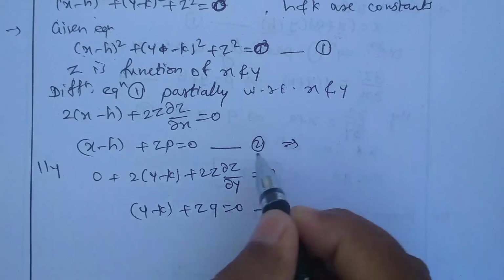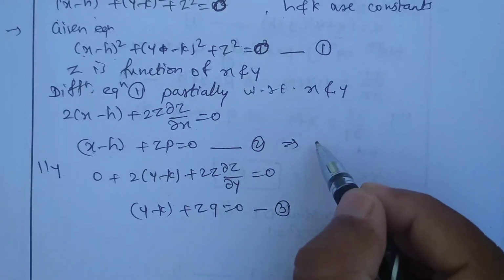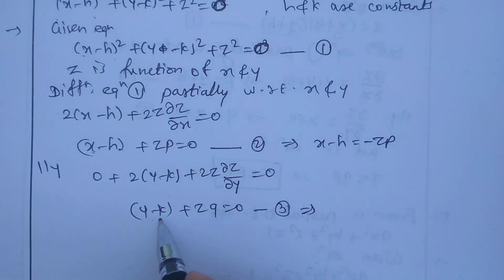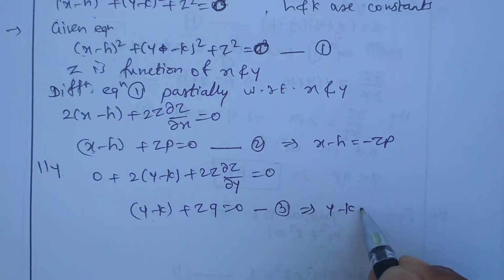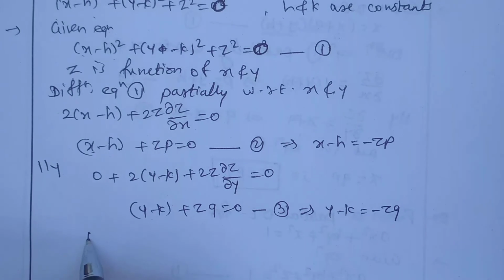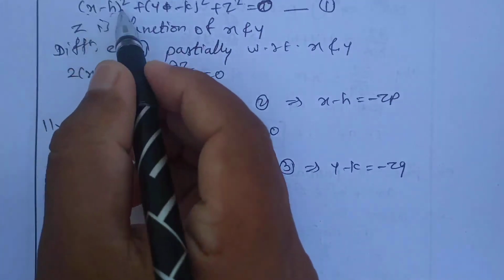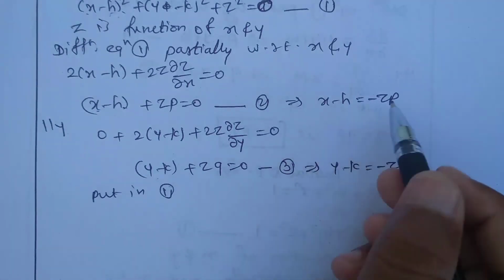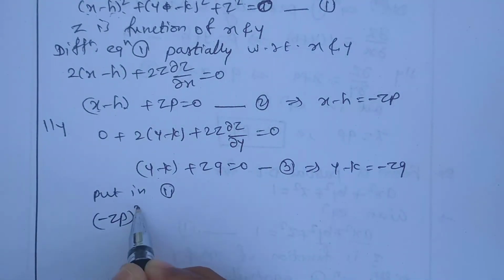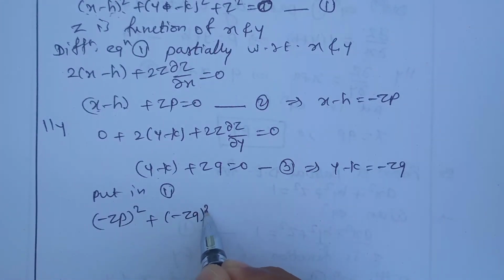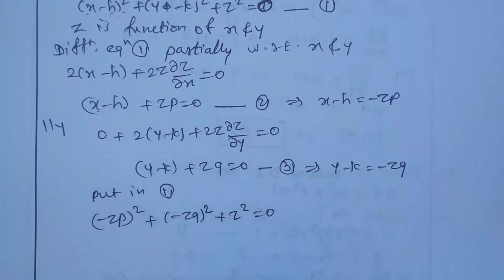From 2, find the value of x minus h, so x minus h equals minus zp. From 3, find the value of y minus k, so y minus k equals minus zq. Put in 1, so we will get (x minus h) bracket square, that means (minus zp) bracket square, plus (y minus k) bracket square, that is (minus zq) bracket square, plus z square equals 0.